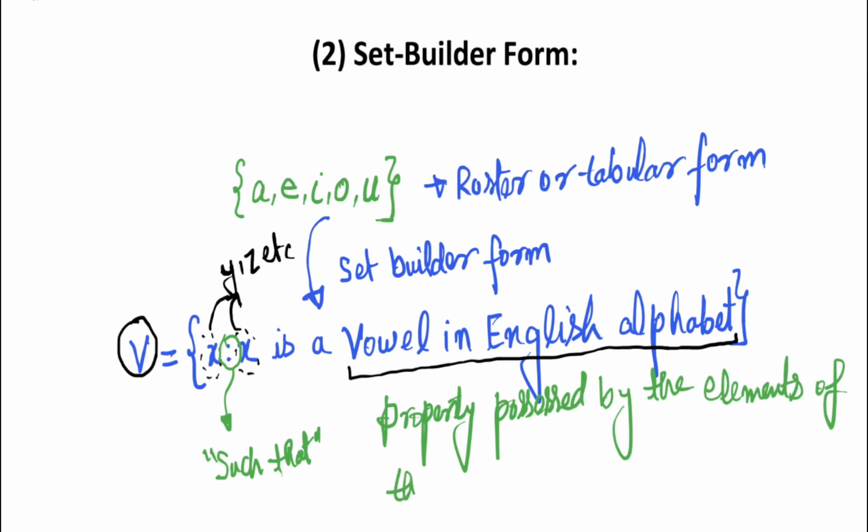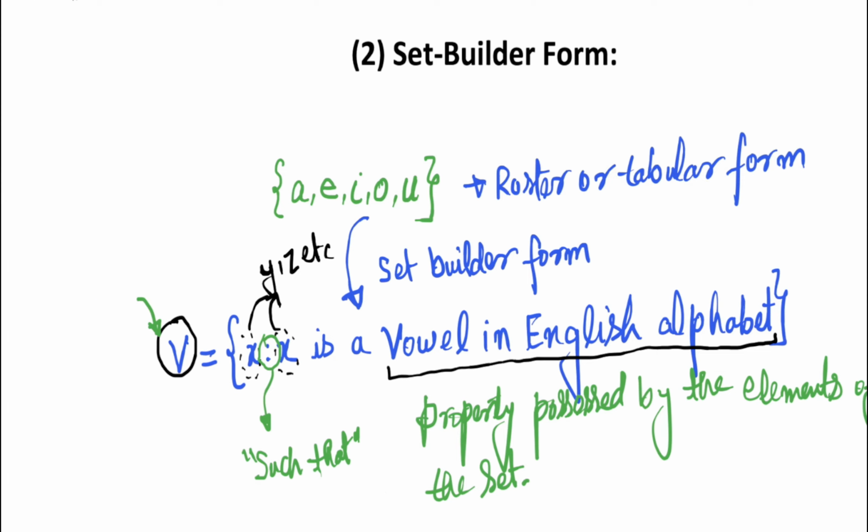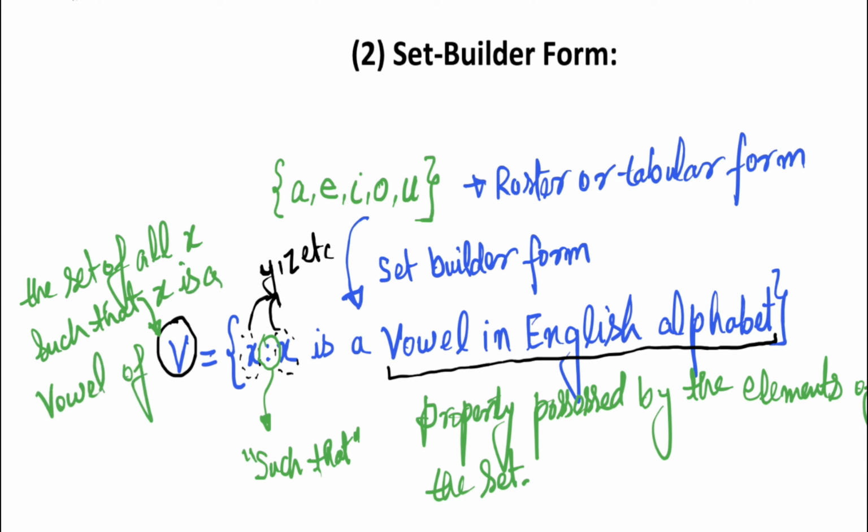And how can we read V, which I have covered with a circle? Just to highlight it so it is easy to understand: V is the set of all x such that x is a vowel of the English alphabet.